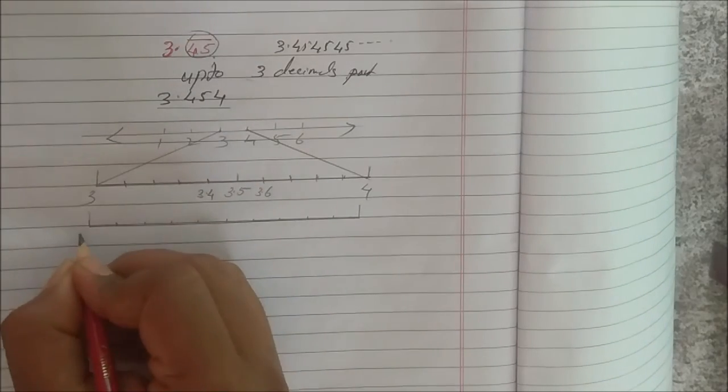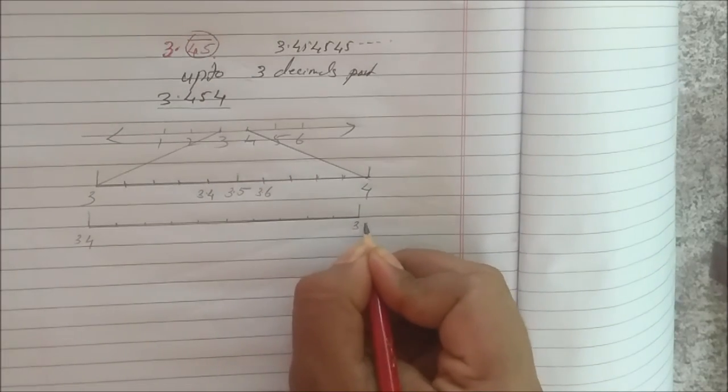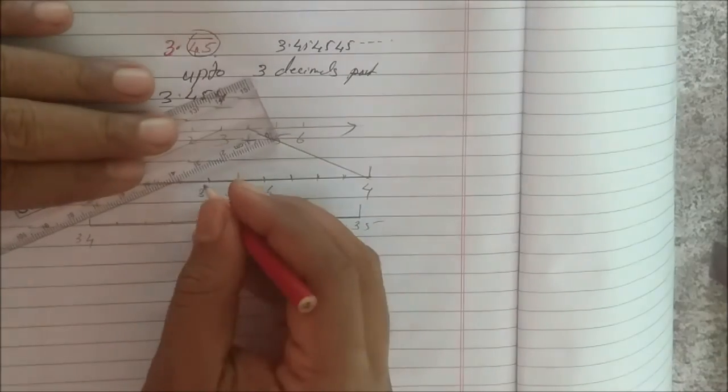We know that this is between 3.4 and 3.5, and we are joining those points.